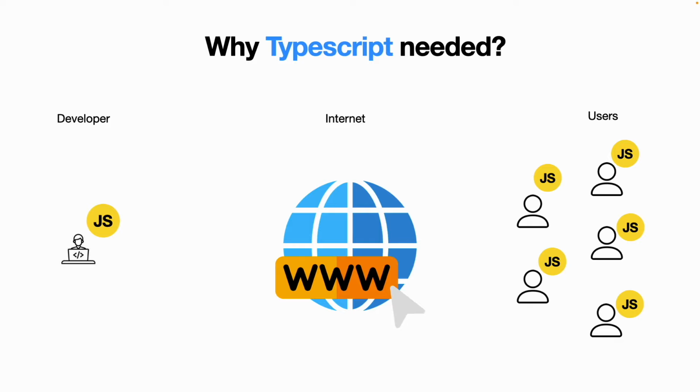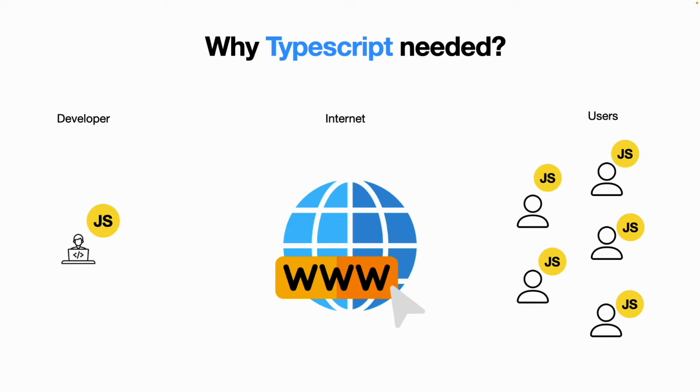So the developer wants to use TypeScript. But the main problem is that we cannot ask all of the users to change their devices to start supporting TypeScript. There are billions of users and billions of devices which already support JavaScript. We cannot directly ask them to change to TypeScript.